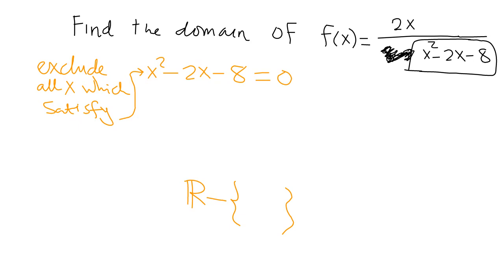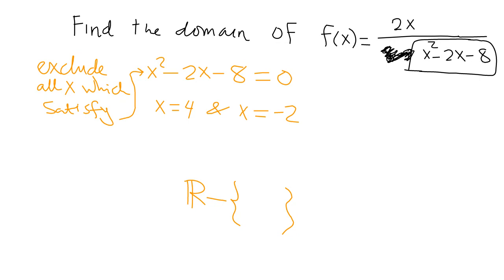All right. Okay, so solving this equation, x is 4 and x is -2. That's it.